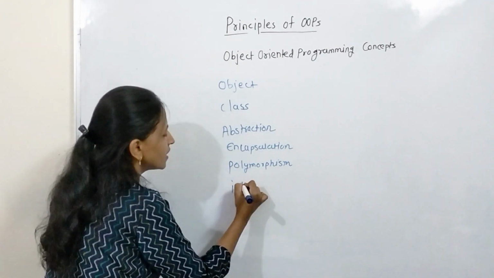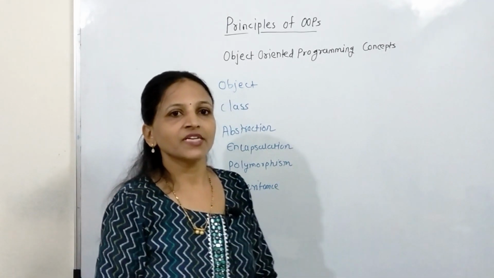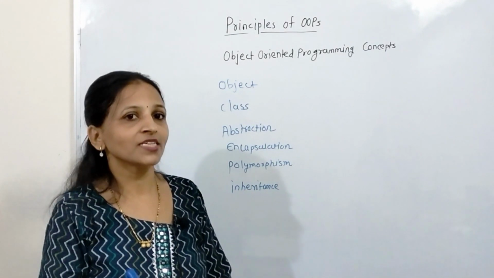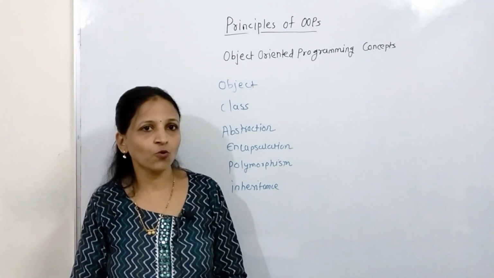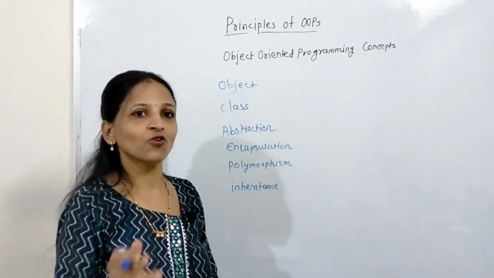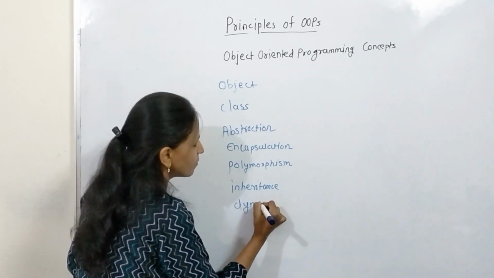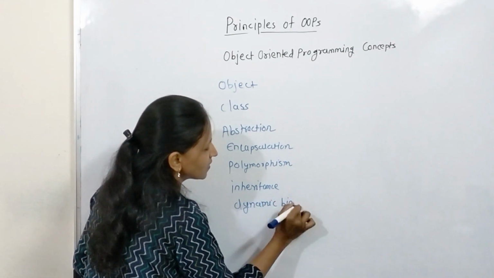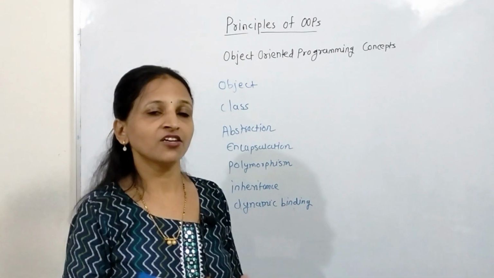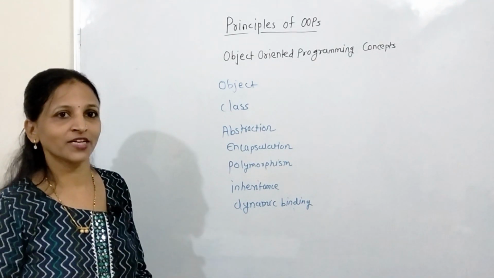The next one is inheritance, which means there is something already present that we can consider as a base, and from that we can create something new that is derived. Whatever is already present, that we can reuse and create something new from it. That is the concept of inheritance. Then next one is dynamic binding, which means the function call to function definition linking can be done at the time of execution, that we can achieve in object oriented languages.